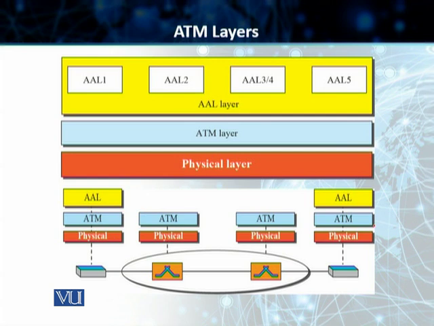The physical layer, as the name indicates, deals with the actual medium. And then on top of that, you have got the AAL layer, which is divided into different AAL layers, AAL1, 2, 3 and 4, and then you've got 5, and they perform different functions, which are routing, traffic management, switching, and multiplexing.